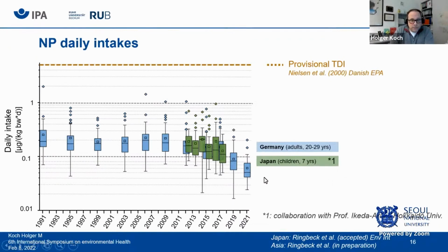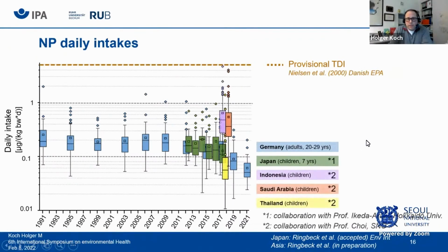But we had another set of samples, from Thailand, Indonesia, and Saudi Arabia. This is from a collaboration with dear Professor Choi from SNU. Here we see quite dramatic differences between the three countries investigated. In Indonesia and Saudi Arabia, the exposure to nonylphenol is more than 10 times higher than in Thailand.